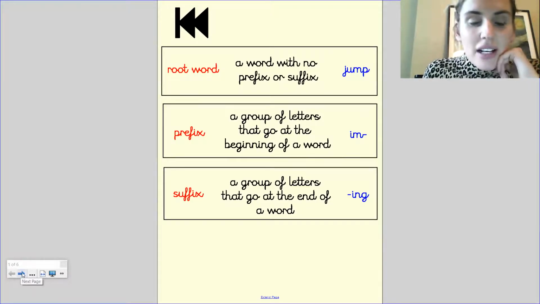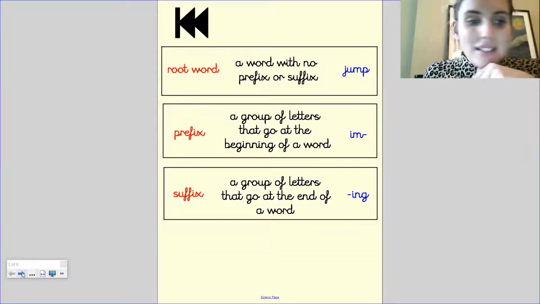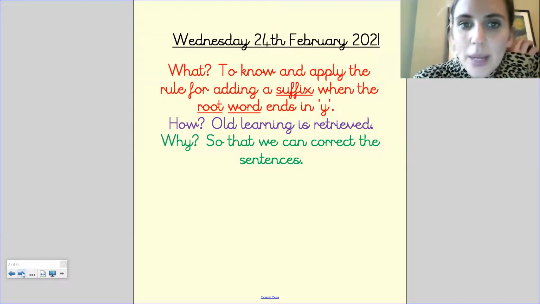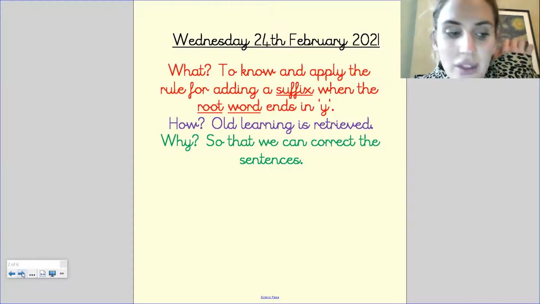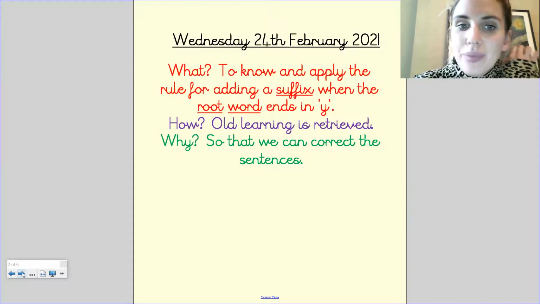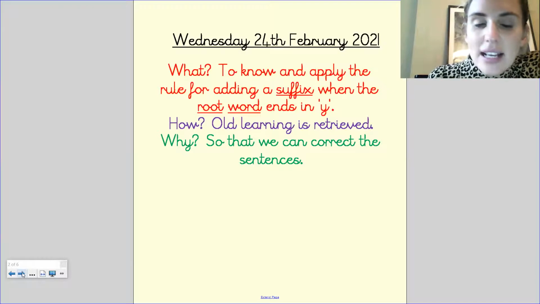Great job, Year 3. So let's think about what rule we're going to rewind to first. So today we are learning to know and apply the rule for adding a suffix when the root word ends in the letter Y. How? Old learning is retrieved. Why? So that we can correct the sentences.